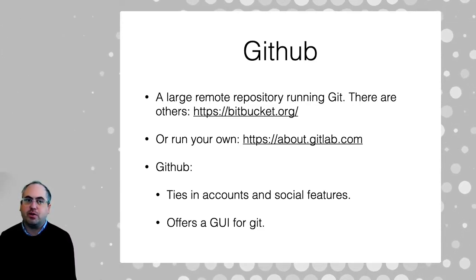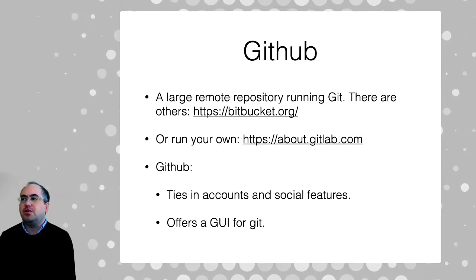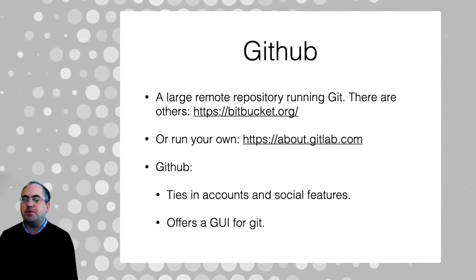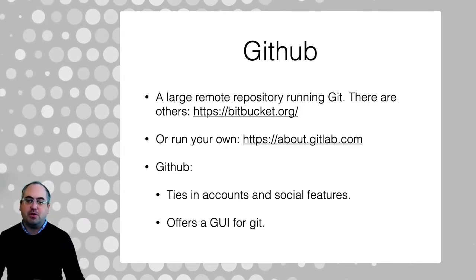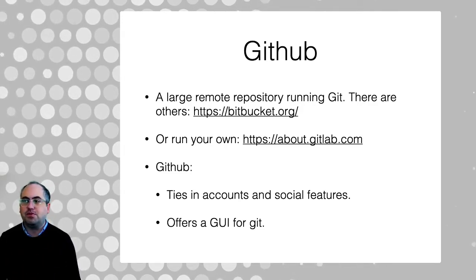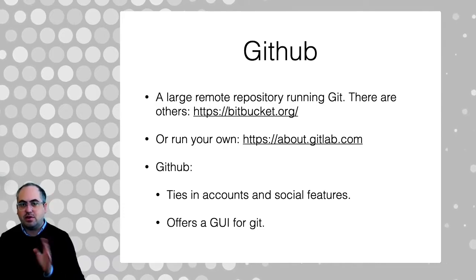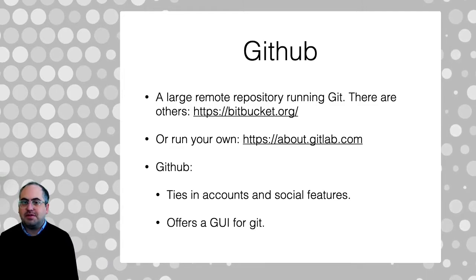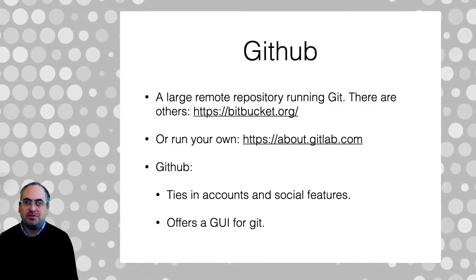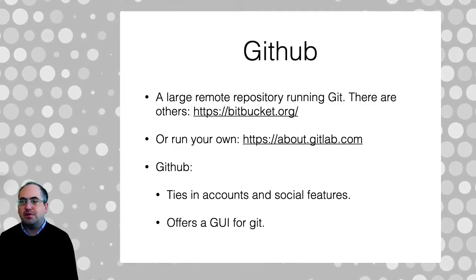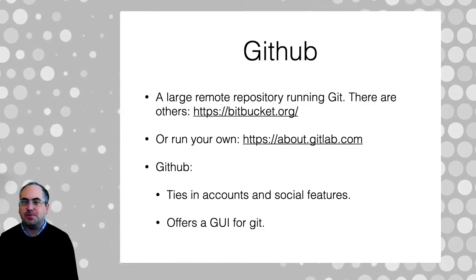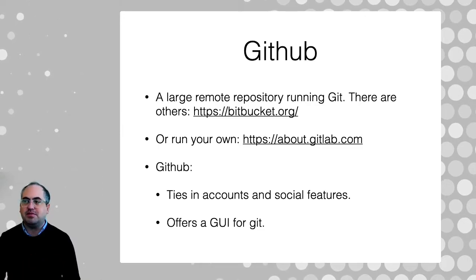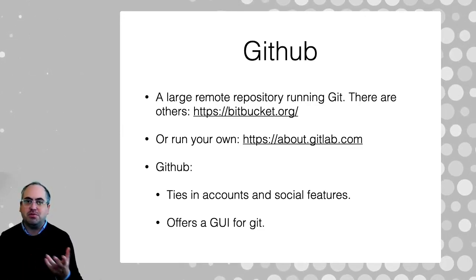So if you're a large organization and you don't want to use GitHub, you want more control over everything, you can run your own GitLab instance, and you would have your own remote repository for folks in your organization to check code into. One nice thing about GitHub is that it ties in account features and social features, so you can have things like permissions built in for who can actually contribute to a repository.